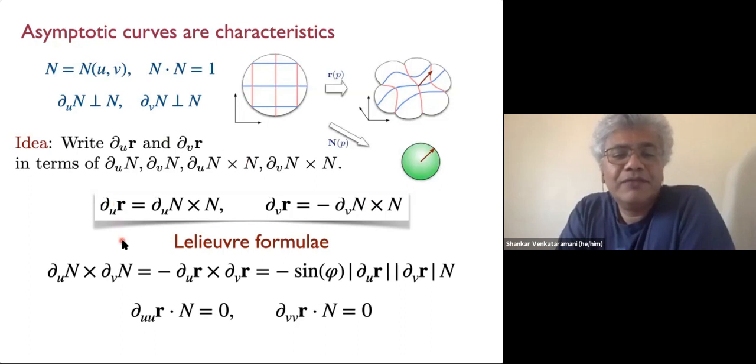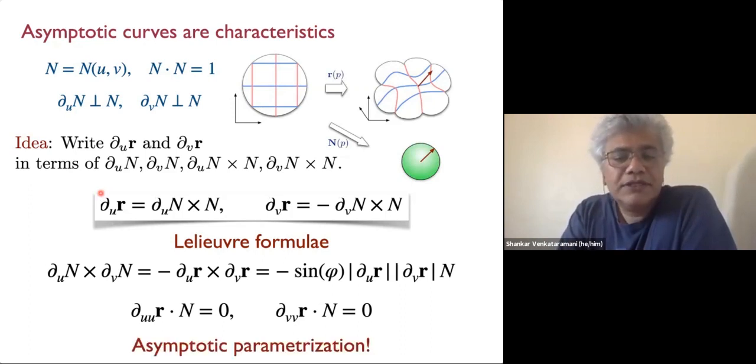So what is the point we're missing? And of course, it's clear from here that I cannot independently prescribe the u and v derivatives of some quantity. If I take the mixed derivatives, they have to be equal. And this is, of course, what gives you Gauss's equation and so on. So this is a useful idea, but there is an additional consistency condition. Okay? So what is this consistency condition?